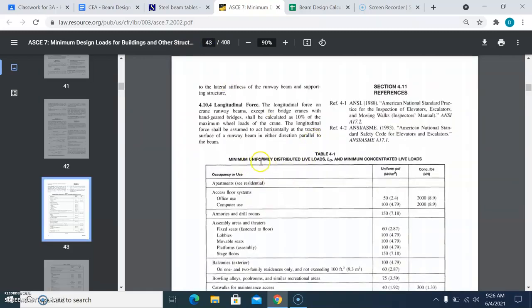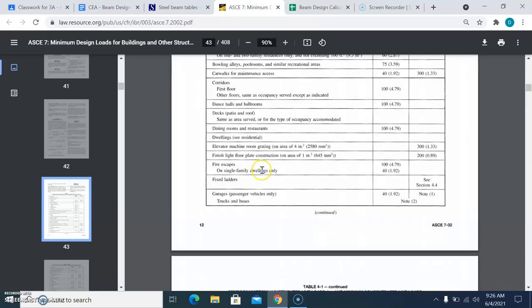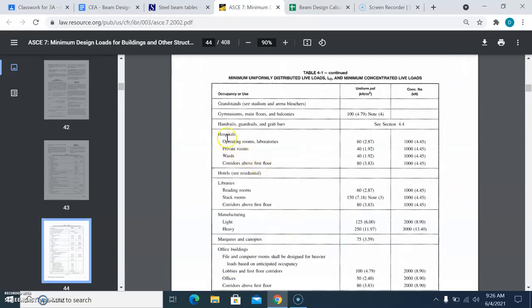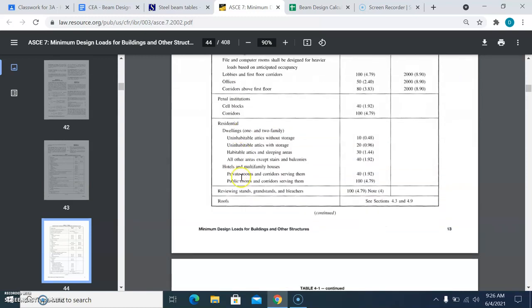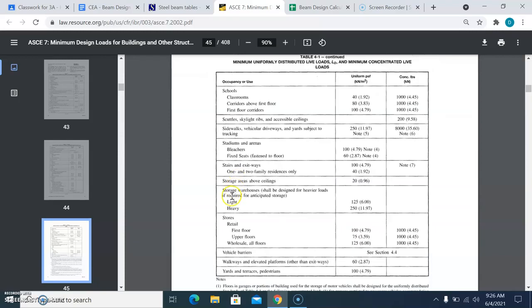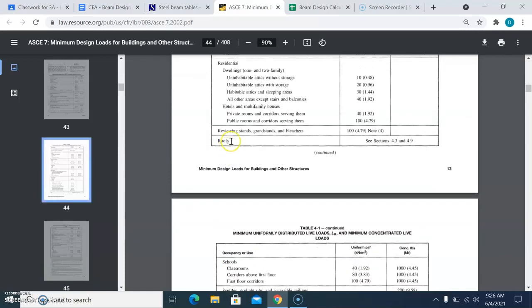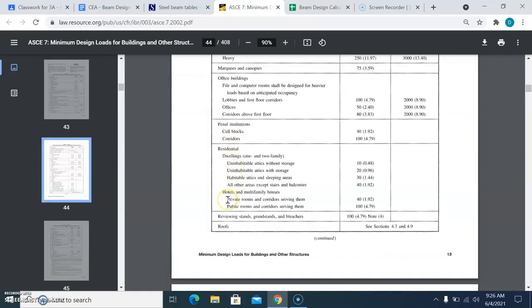And we have our uniform distributed live load. So we have to look for hotels. And hotels says that it's under residential, so go down to residential. And we'll just do the top one. I could have probably specified a little bit further, but 40 PSF.